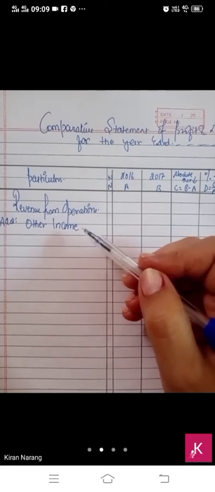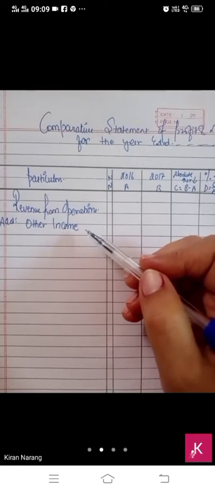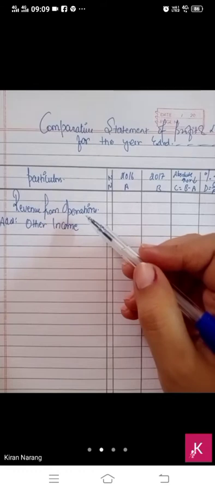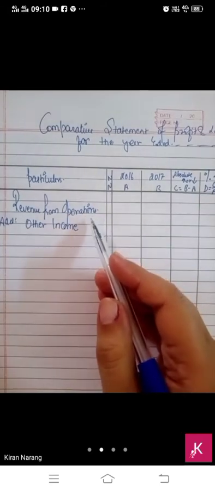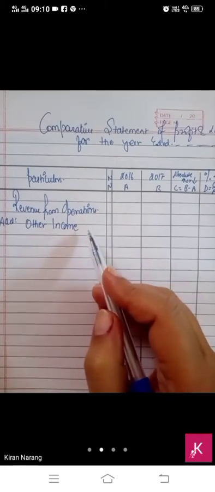So we will start with revenue from operation plus other income. Two types of incomes are there. One is the sales. We are doing operations of business. Whatever business we are having, sale is called revenue from operation. Business income is called revenue from operation. Other sources income will be called other incomes.